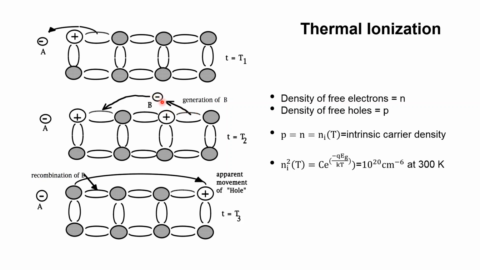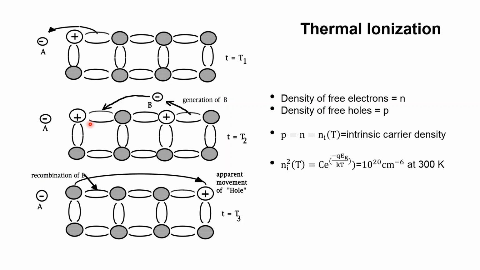So this atom will also leave a positive charge behind. But this electron may get combined with this positive charge, making this hole electrically neutral.